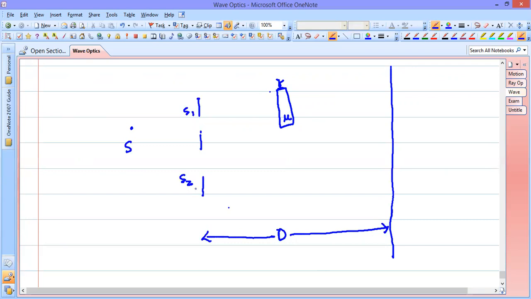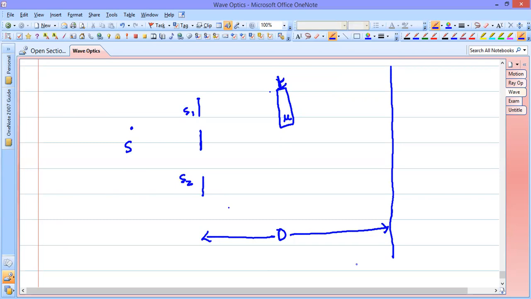Now, in this case, I need to find the fringe width. What is the condition for the fringe width? Is it fine? Or shall I repeat the situation? Sir, can you once again repeat?